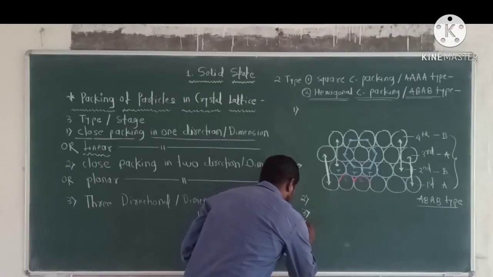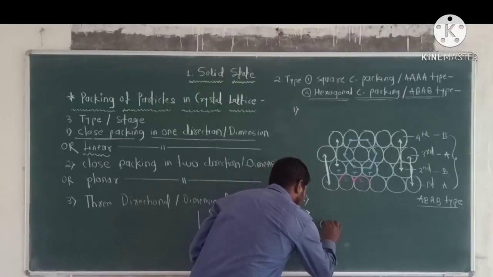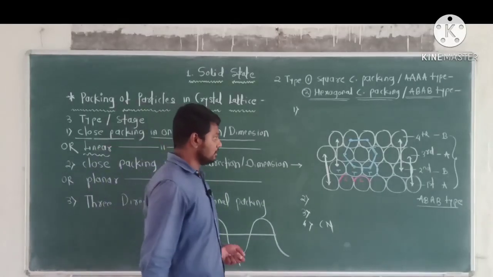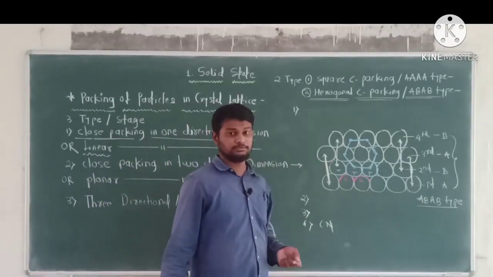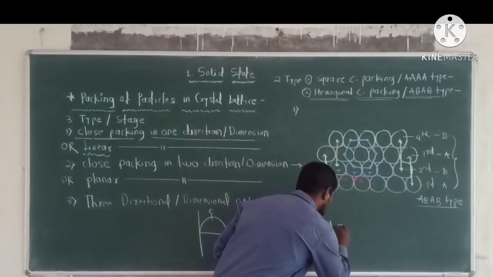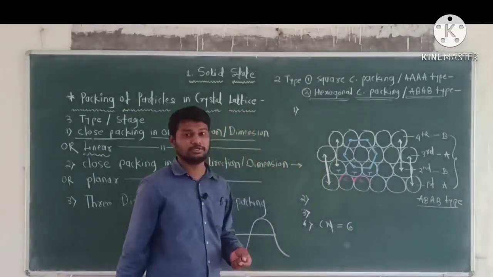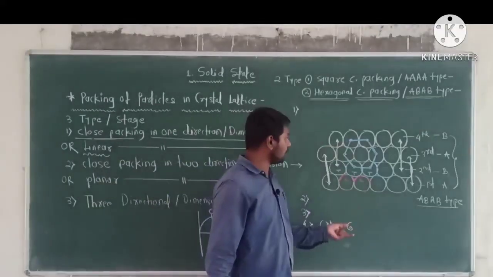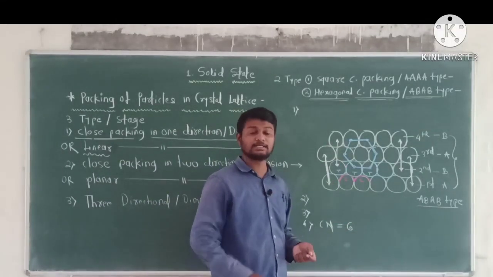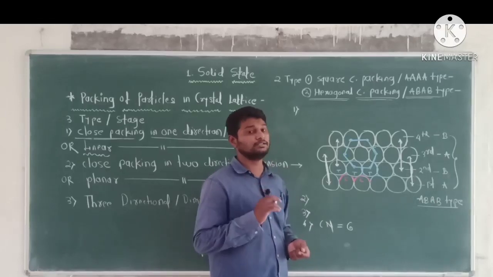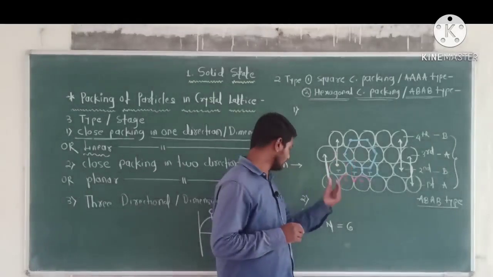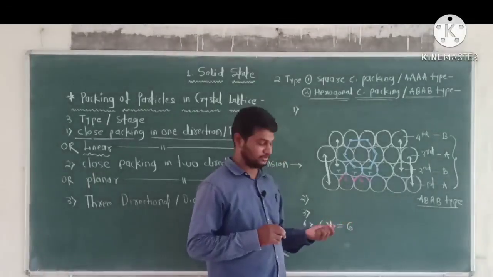Okay. And fourth point is coordination number. In this packing, each constituent particle has a coordination number of 6, because in this type each constituent particle is surrounded by 6 other constituent particles. Therefore, the coordination number of each constituent particle in this type is 6.